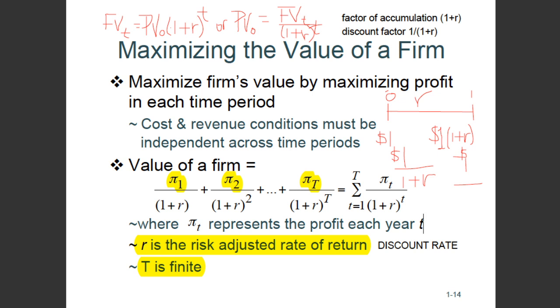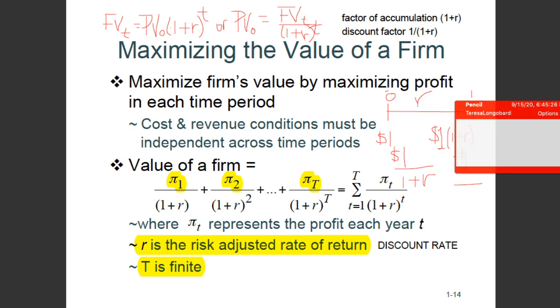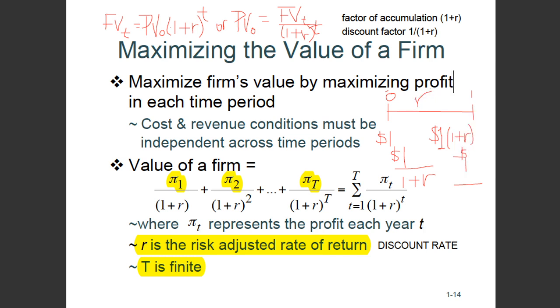If we were to make R a number, make it 10%, and we think of $1 as $1 million, what would you get for this amount here if R was 10%?